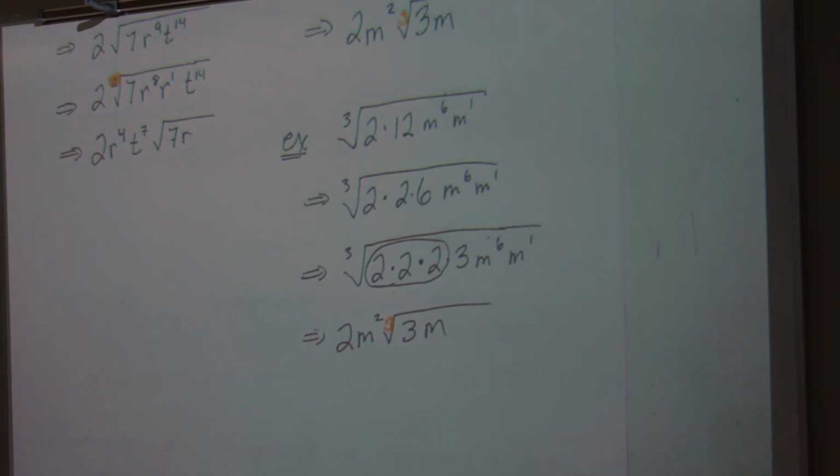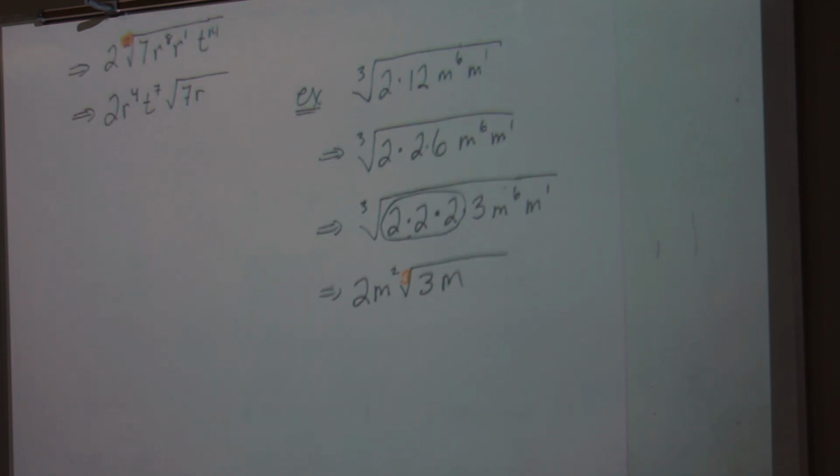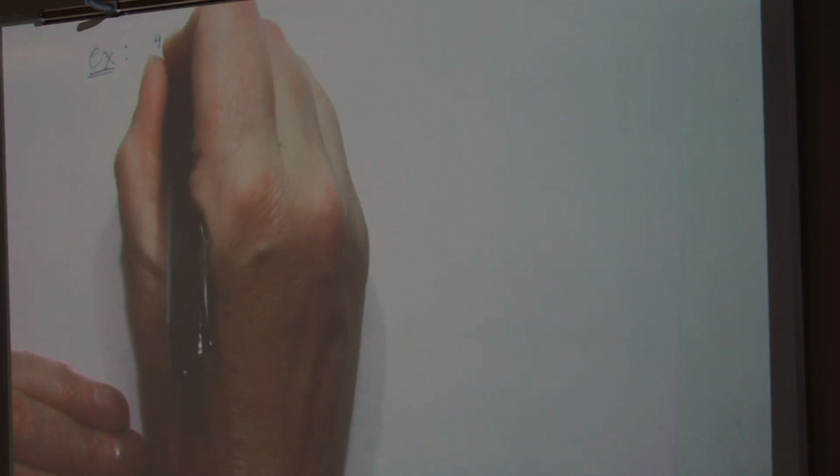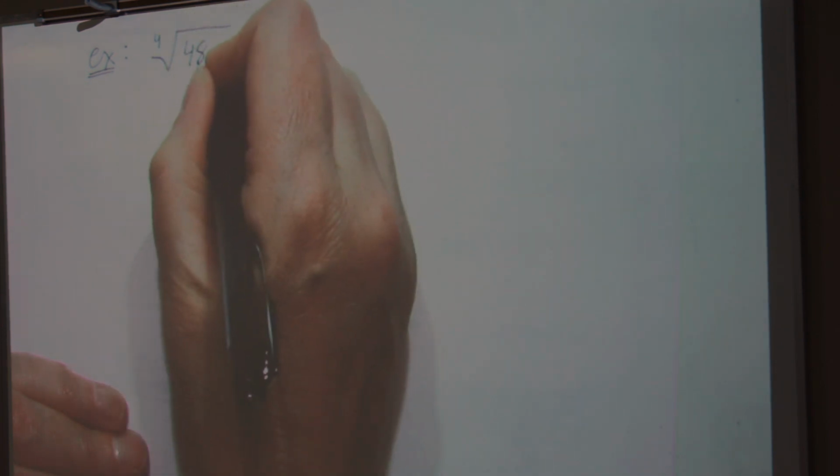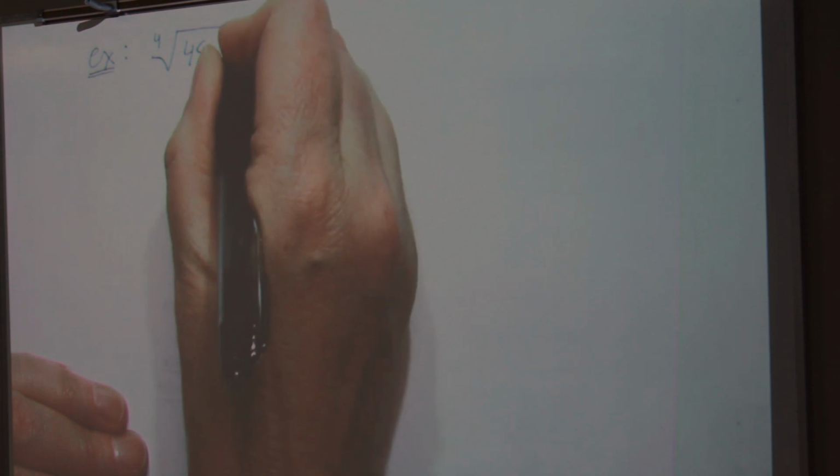You want to try another one, y'all? Yeah? Okay. I'm just going to lift this up. What if I gave you the 4th root of 48 x to the 7?